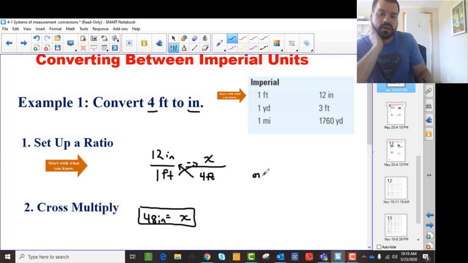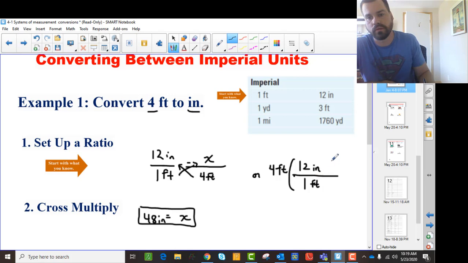Or if you've taken any chemistry and you've talked about the factor label method, there's another way of doing this. It's similar. You can say 4 feet, and then you can say 1 foot. You want the units to cancel, in other words, you want the feet to divide out, over 12 inches. Then the feet cancel, and you get 4 times 12 is 48 inches.